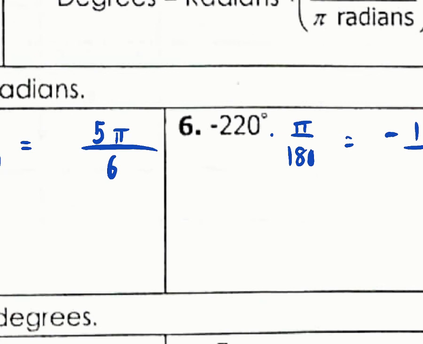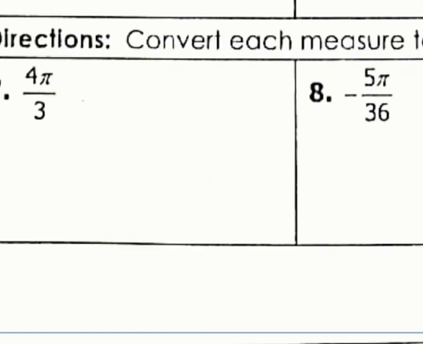So positives versus negatives in degrees and radians really is just directional. Positive means I go counterclockwise from the positive x-axis. Negatives, I go clockwise. It's direction, okay? Does that make sense?